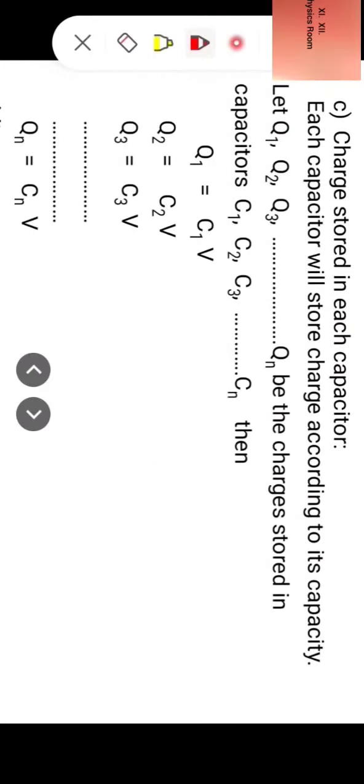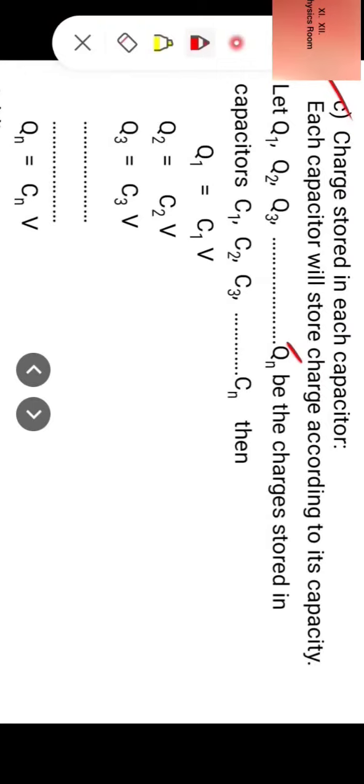Charge stored in each capacitor. We have to calculate the charge stored in each capacitor. Each capacitor will store charge according to its capacity. Let Q1, Q2, Q3, Qn be the charges stored in capacitors C1, C2, C3, Cn respectively.